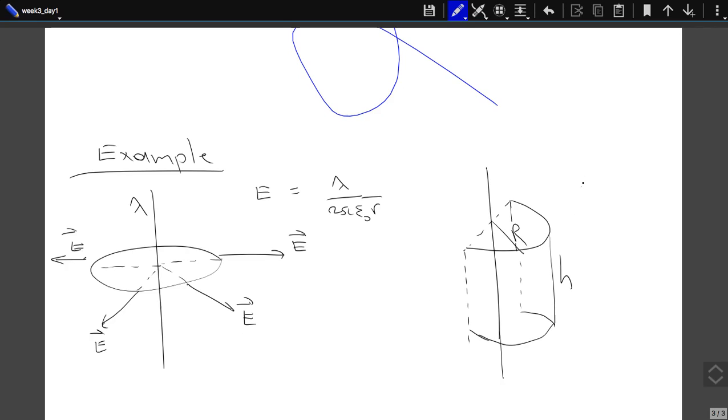So what is the electric flux in this case? Let's calculate this electric flux starting from the electric field.